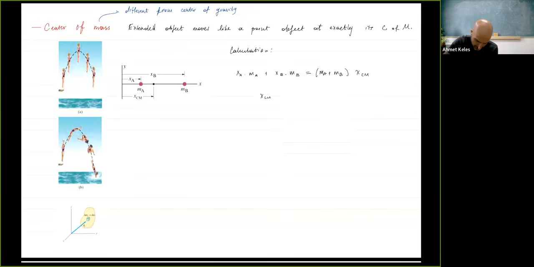X center of mass should be equal to MA divided by MA plus MB times XA plus MB divided by MA plus MB times XB.